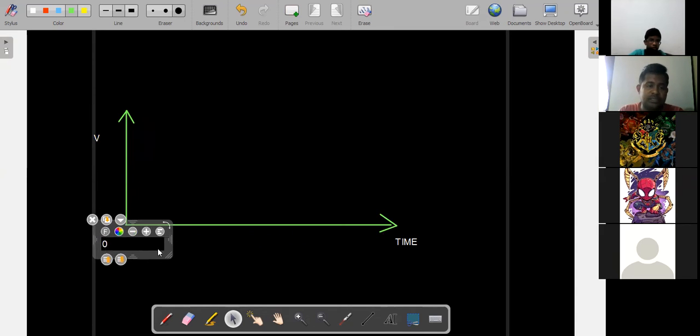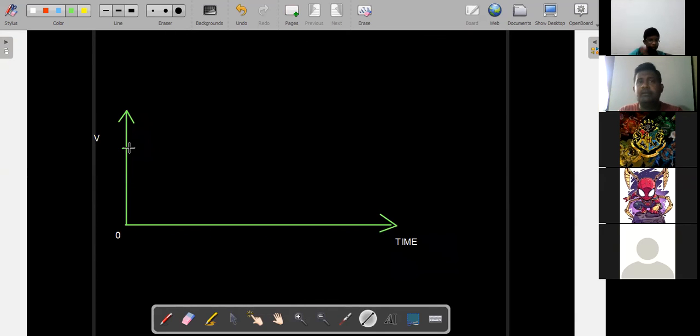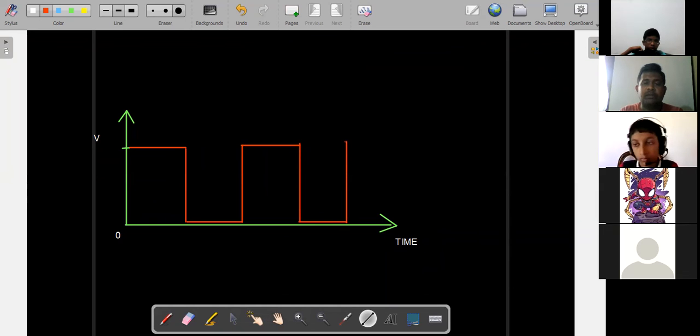Zero, voltage also zero, time also zero. Here we think the voltage is 5. Let's suppose this 5 is the voltage that is supplied, right? When we are supplying the particular voltage, the pattern of the binary signal is like this. It's originated now. It's deoriginated now. Again, it's originated like this.